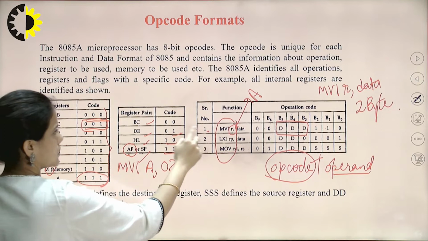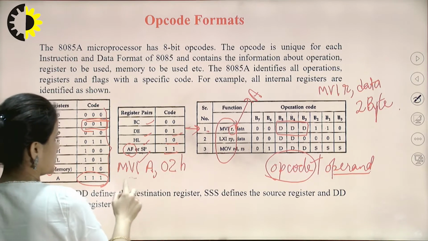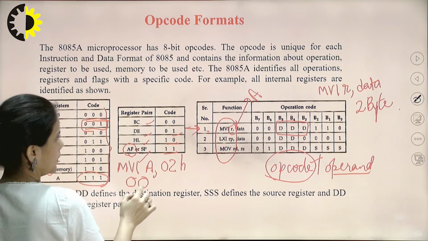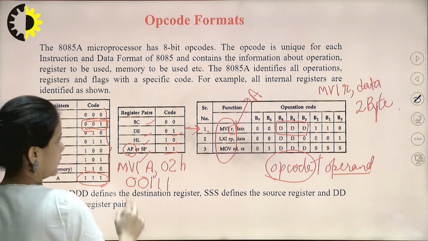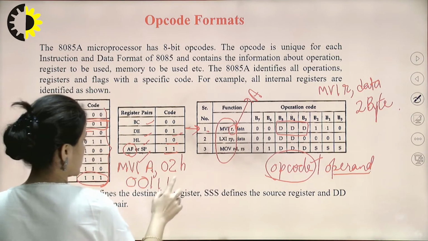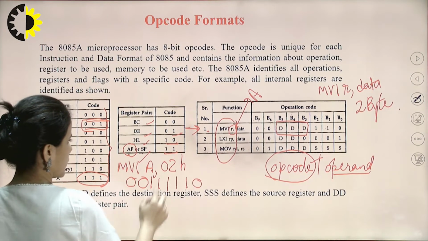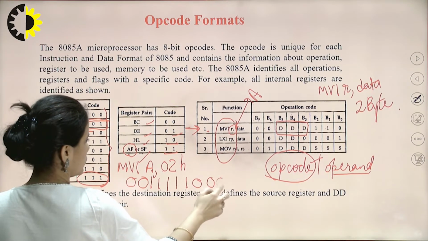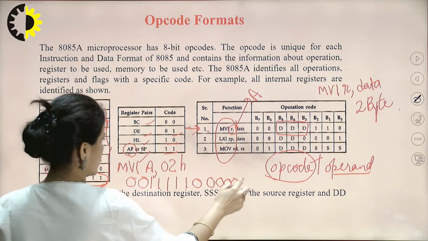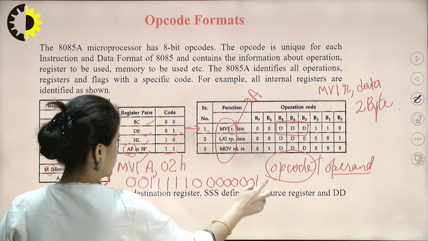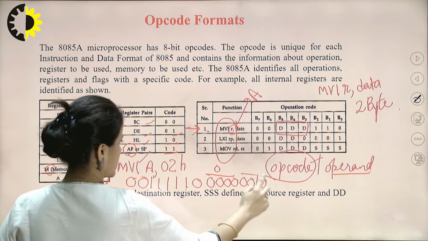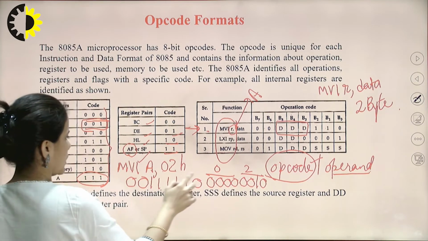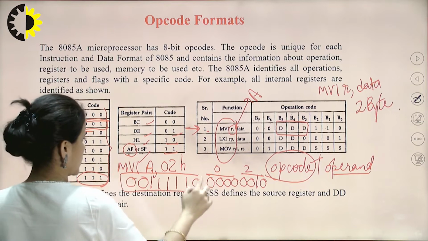So from this table, we can mention 00 DDD, and for A it is 111. Now 110 is already mentioned. Now for 02 it is 0 0 0 0 0 0 1 0. So this is 0 and this is 2, and this is the opcode for this instruction.